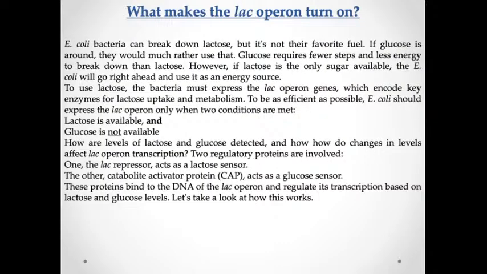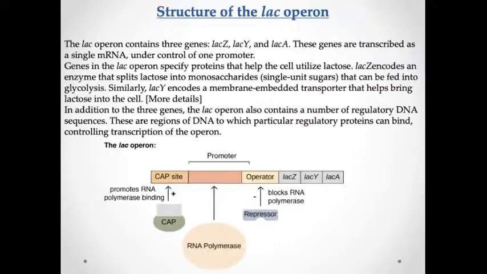So let's see each of them carefully. Here you can see the Lac operon has three genes, LacZ, Y, and A, and these genes are transcribed as a single mRNA under the control of one promoter. Genes in the Lac operon specify proteins that help utilize lactose. The Z gene encodes an enzyme that splits lactose into monosaccharides that can be fed into glycolysis.